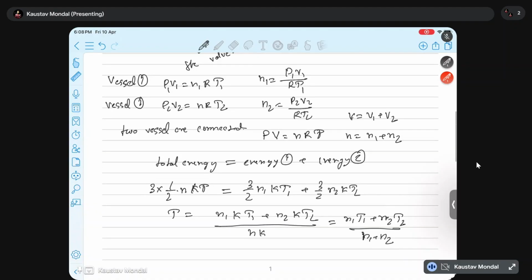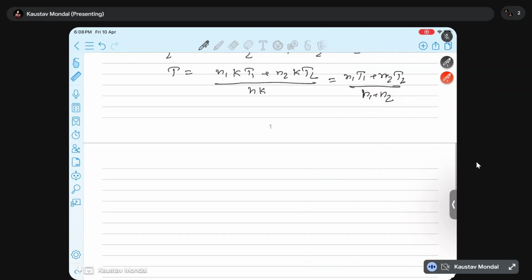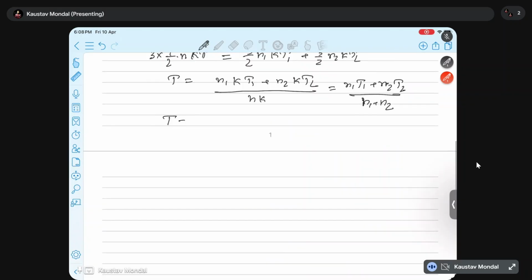So it will become (N1T1 plus N2T2) by (N1 plus N2). Now N1 and N2 we can write like this: P1V1 by RT1, P2V2 by RT2. So we'll substitute like this. T will become P1V1 by RT1 into T1 plus P2V2 by RT2 into T2, divided by P1V1 by RT1 plus P2V2 by RT2.